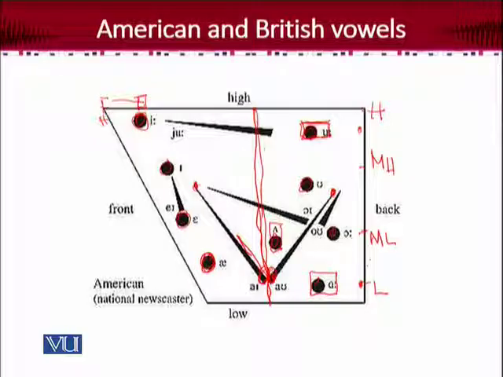You see that this A is from the low position and O is from mid-low, right? But this O is from the mid-high position. And this O is from the front part, not exactly from the front, and not exactly the back, but towards the center, right?